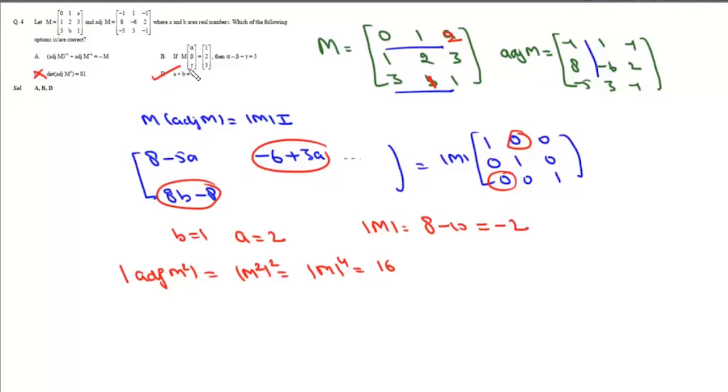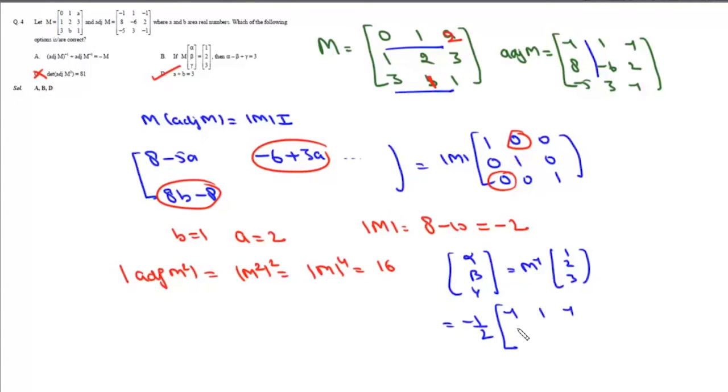Now if we look at this equation, B equals M times [alpha, beta, gamma], equal to [1, 2, 3]. Since the determinant of M is unequal to 0, if we multiply by its inverse, then we can write [alpha, beta, gamma] will be M inverse into [1, 2, 3]. Now M inverse is 1 upon determinant of M, which is minus 1/2, into adjoint of M, which is given as [minus 1, 1, minus 1; 8, minus 6, 2; minus 5, 3, minus 1], into [1, 2, 3].